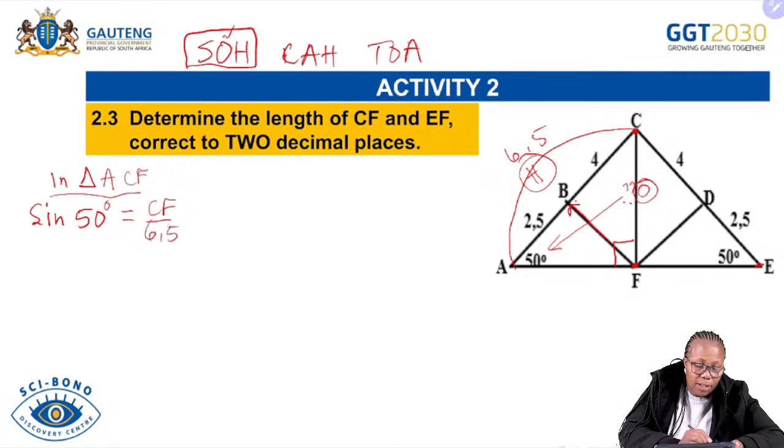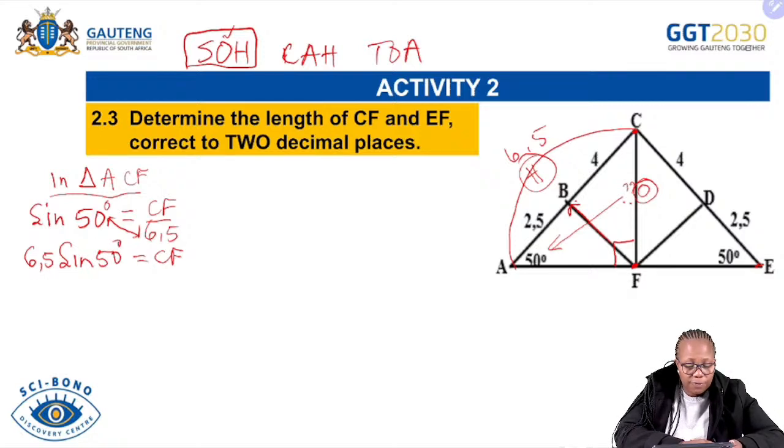both lengths there. And then now, can you see that you can now find your CF by cross multiplying 6,5 to sine 50. So on the right, you'll be left with CF equals 6,5. Start with 6,5, grade 12, and then your sine of 50, in order not for 6,5 to distract with your angle of 50 there.